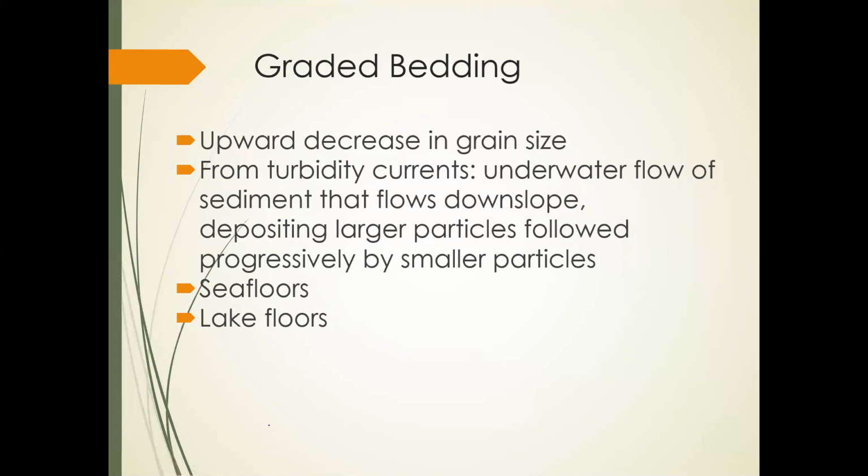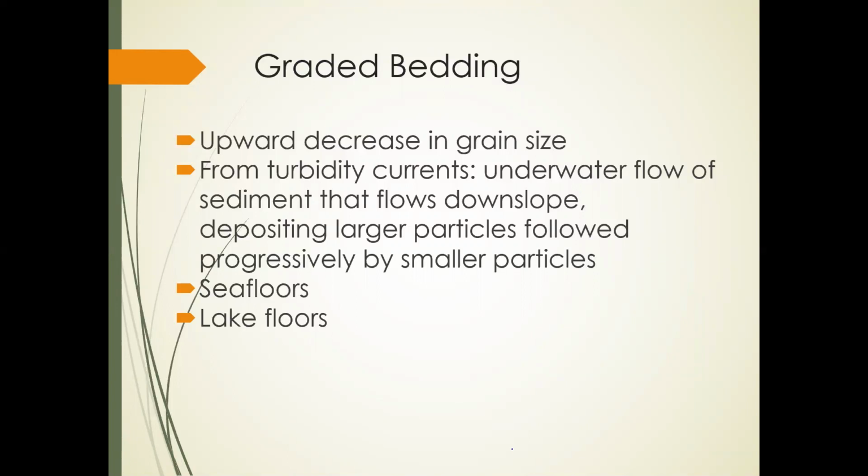Then graded bedding, an upward decrease in grain size. Graded bedding happens for several reasons, but one of the main reasons is turbidity currents. When water is turbid, it's dirty. It's full of sediment. So turbidity currents are deep ocean currents that flow down a continental slope area chock full of sediments.